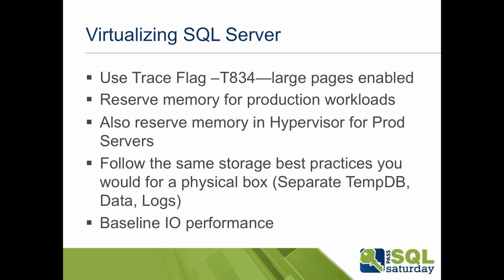Reserve memory for production workloads, and I thought this was so important I added 2 bullets for it because I say also reserve memory in hypervisor for prod servers. So make memory reservations. That's the total case. I say follow the same storage best practices you would for a physical box. I like to do this logical separation, and I present separate volumes for temp DB data and logs.